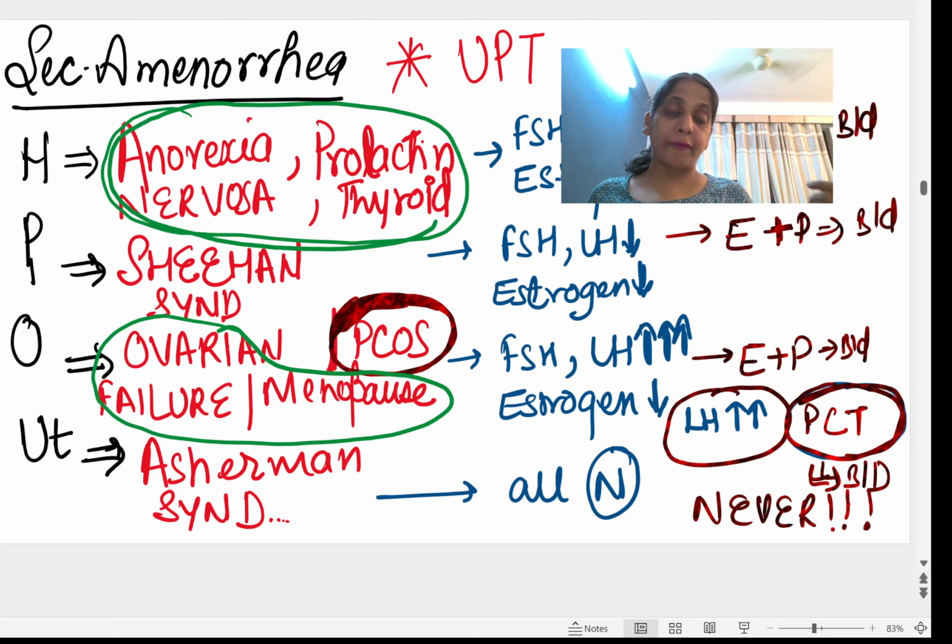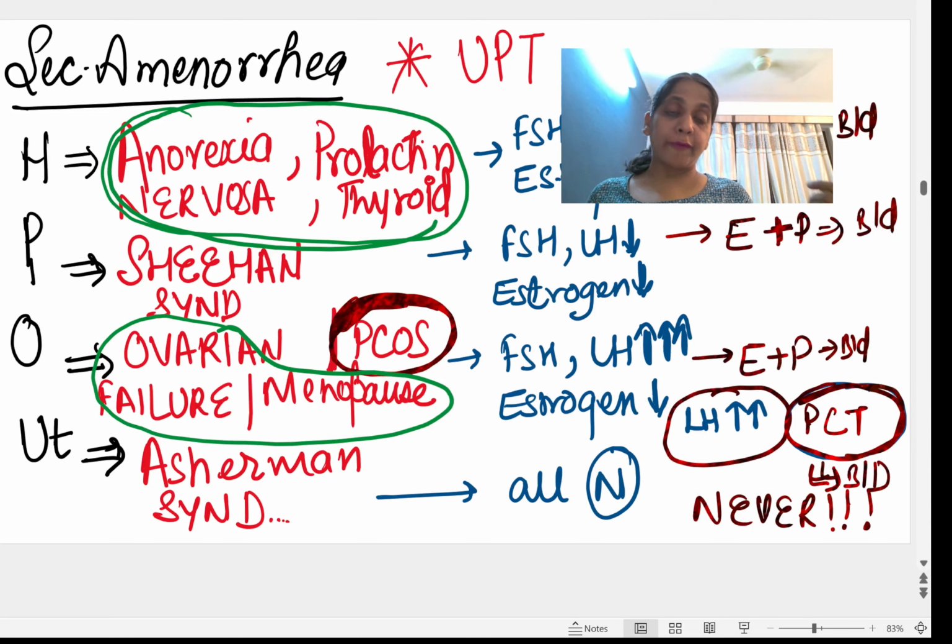Okay, so if we are not able to appreciate the thread, then three conditions are there: either the whole copper T has been expelled out from the uterine cavity, or only the thread has broken and the copper T is in the uterus, or the copper T has perforated into the peritoneal cavity. Okay, now if the copper T has perforated into the peritoneal cavity, then of course we will approach the peritoneal cavity by laparoscopy, and if laparoscopy fails, then we will do laparotomy.